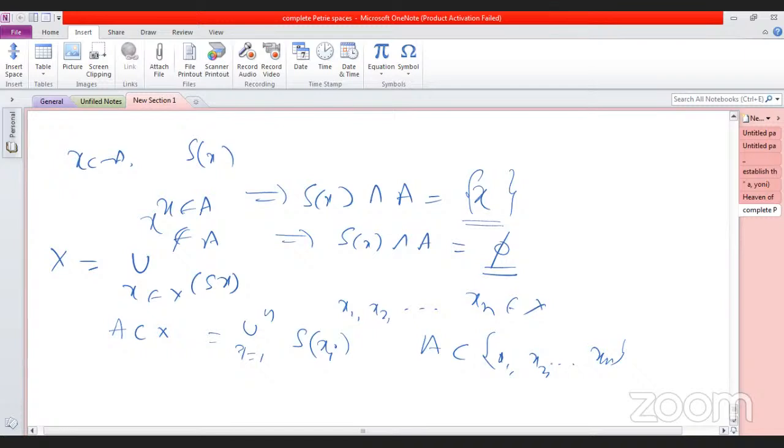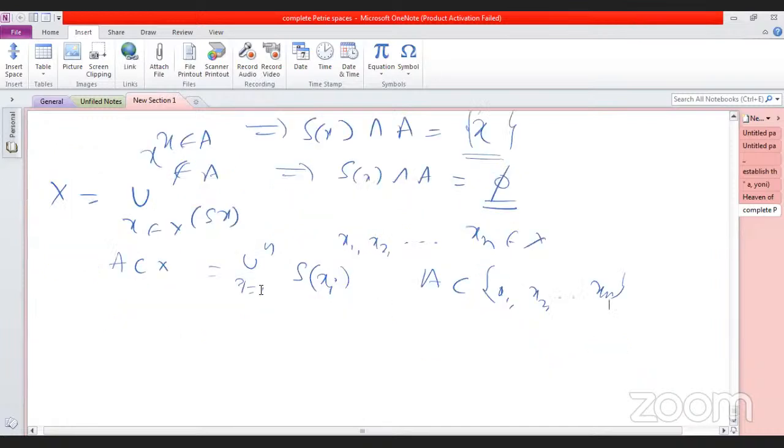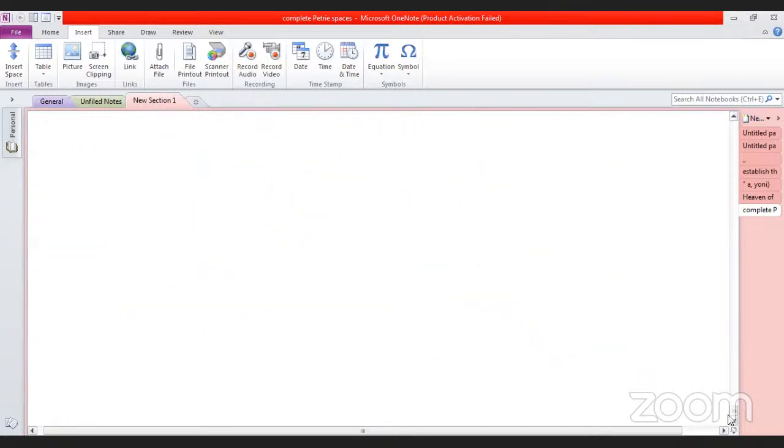Why? Because A is a subset of x1, x2 and so on xn, a finite set, but A is infinite. Hence A has a limit point in X.